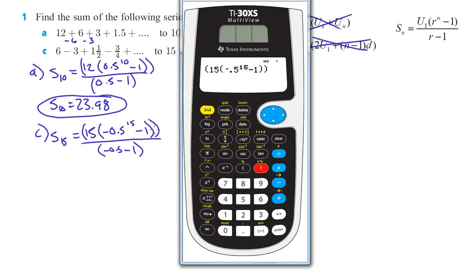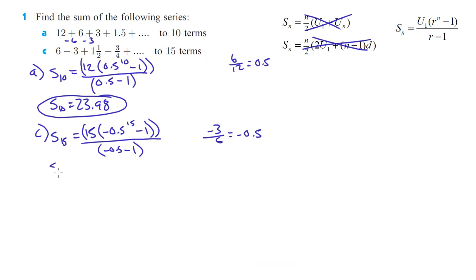Close the parentheses, divide by parentheses -0.5 minus 1, close those, and we get 15.79. Because again, this gets smaller and smaller, and it's positive, negative, and so on.